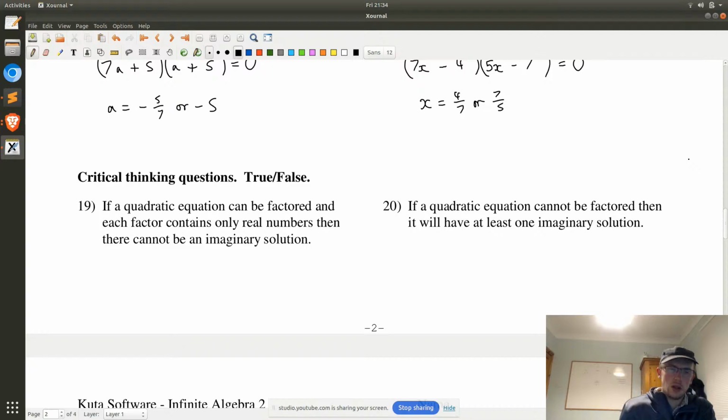True? I think that's true. If a quadratic equation cannot be factored, then it will have at least one imaginary solution. True.